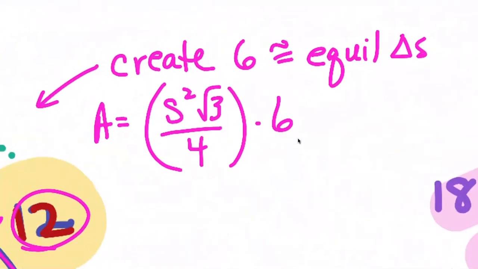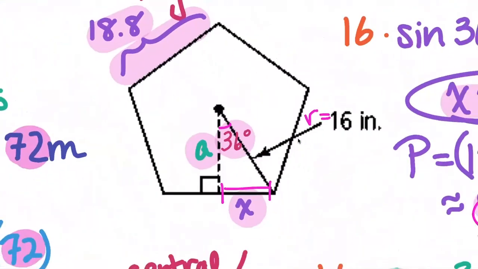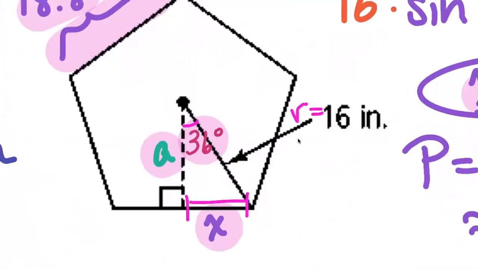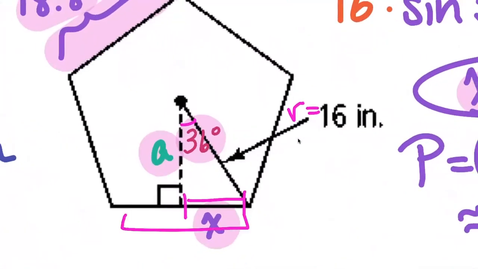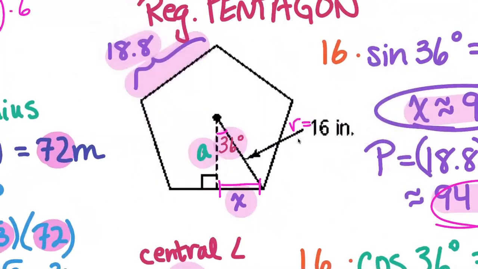Now again, I want to make sure you don't do s squared root 3 over 4. Cannot do this for a pentagon because these are not equilateral triangles. Okay, notice that this is 18.8, this is 16, and that'd be 16 because they're both radii. That is not an equilateral triangle. So the equilateral triangle thing you would do with just regular hexagons.